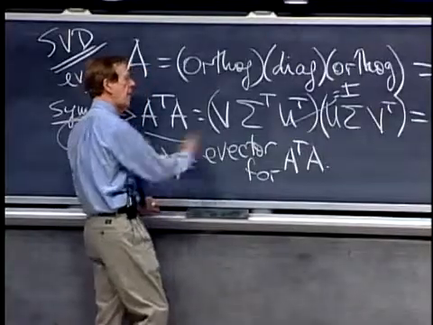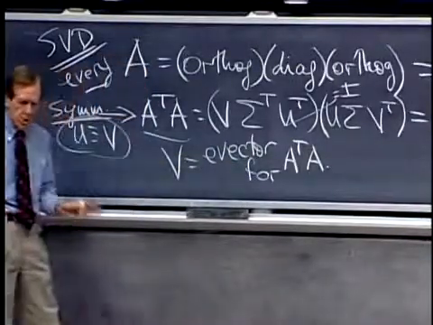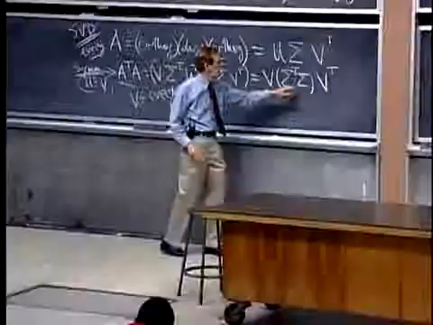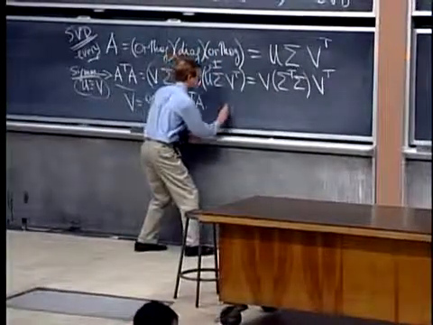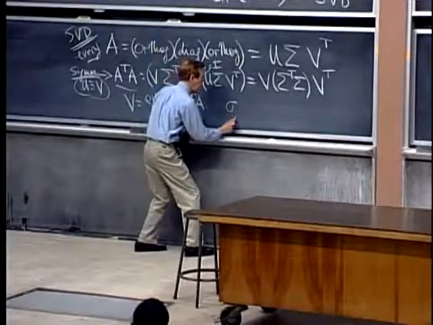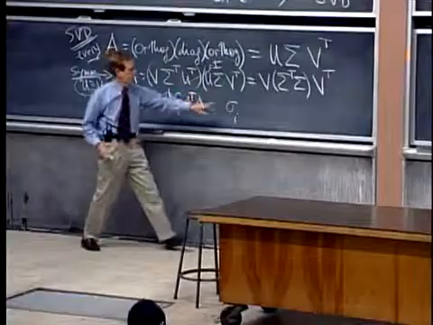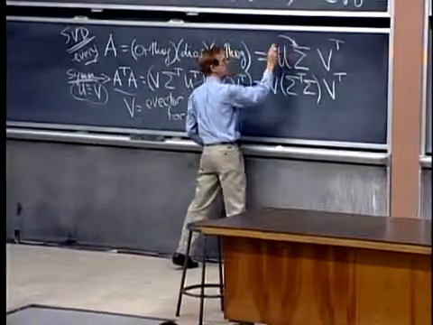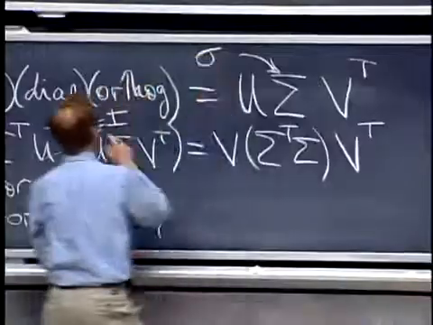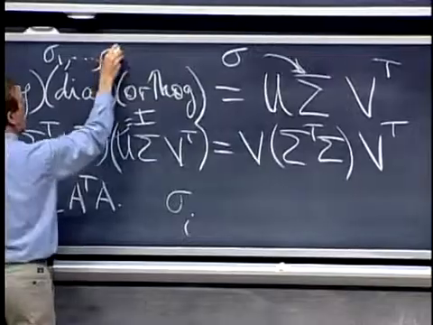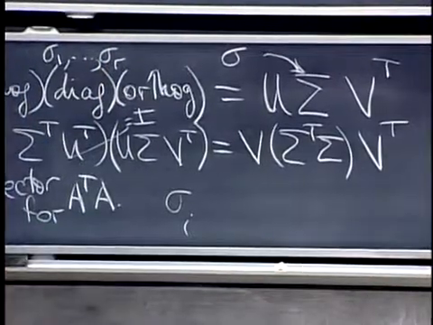So I found the eigenvectors for A transpose A. Good. I found the singular values. What were they? These are the guys in sigma. This is diagonal with the numbers sigma 1, sigma 2, up to the rank, sigma r. Those are the non-zero ones.